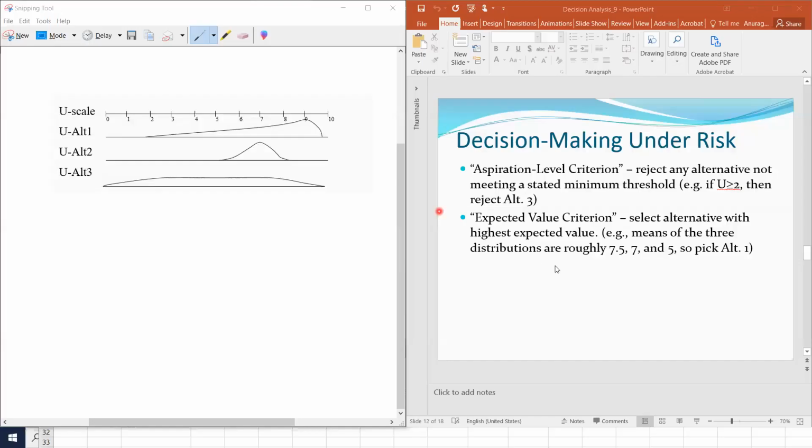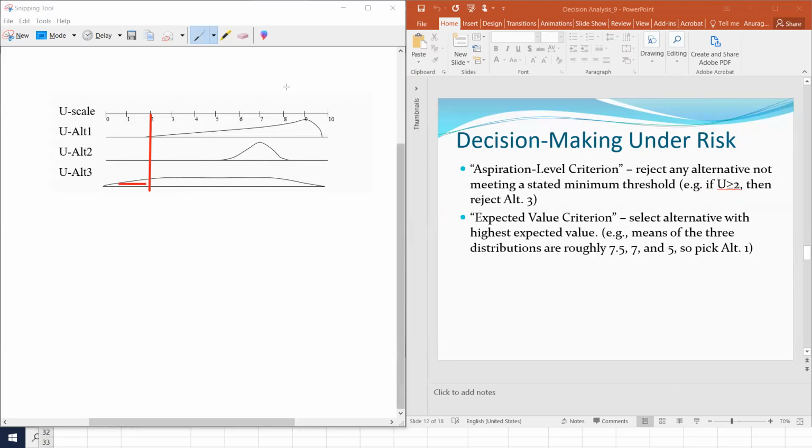So the reason you will discard alternative 2 if you must have the utility score of more than 2 is, if you look at this chart right here, alternative 3 has this probability here. This area under the curve is the probability. So I'm just eyeballing this curve.